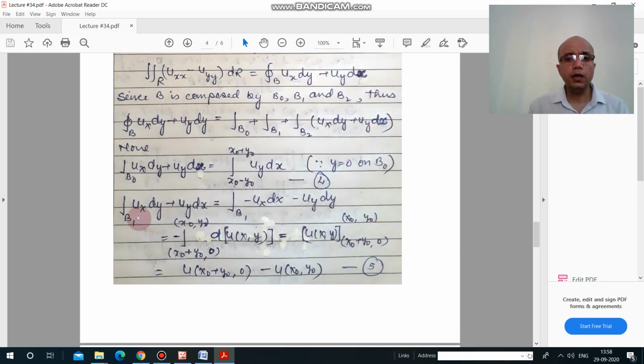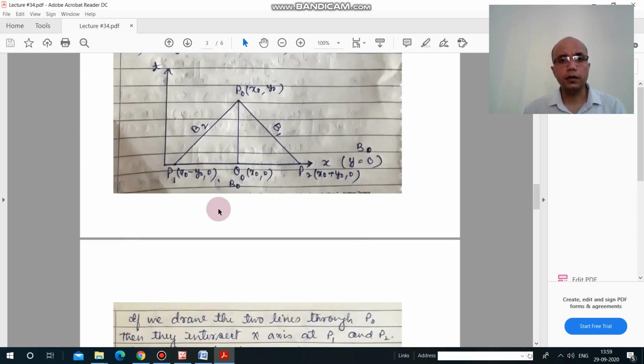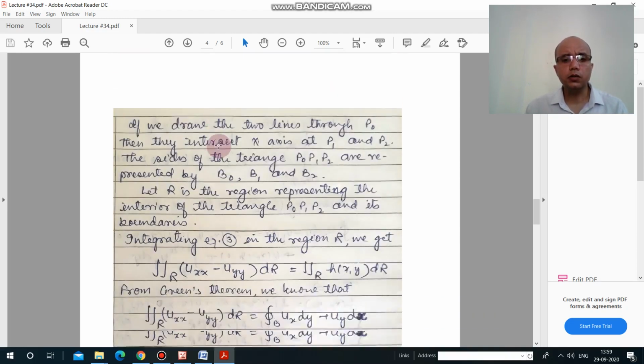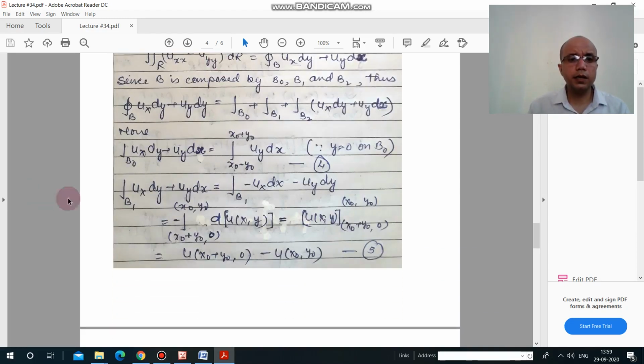Second part, the integral over b1 of ux dy plus uy dx. Along b1, we find dy equal to minus dx, or dx equal to minus dy. So in place of dy we can write minus dx, and in place of dx we can write minus dy.